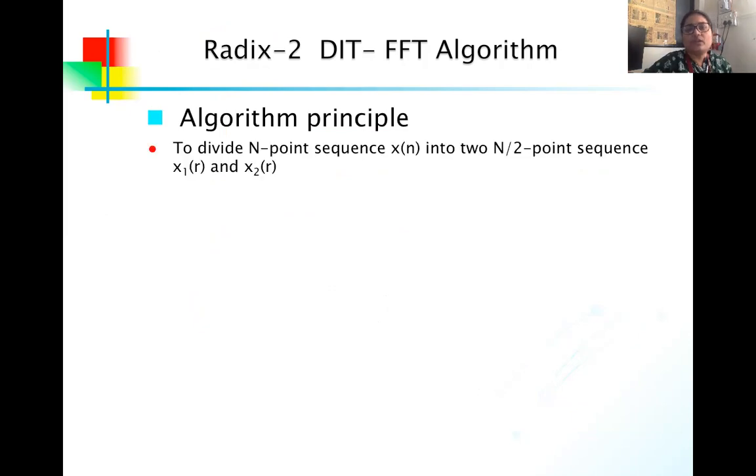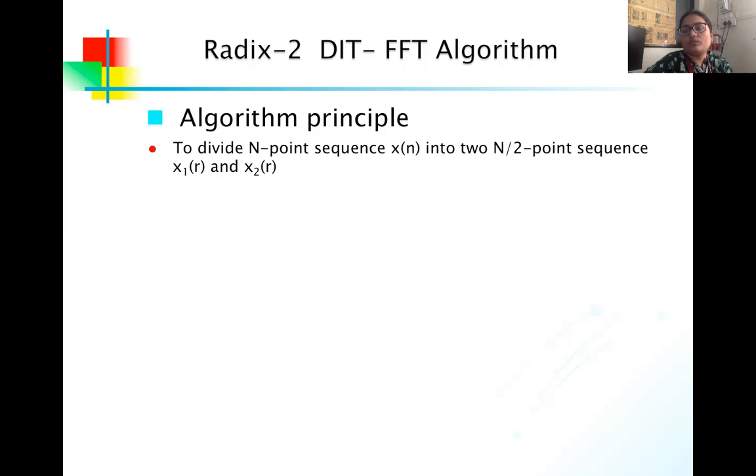So in this algorithm, the objective is to divide the N point sequence x of n into N by 2 point sequences, N by 2 being half. In this way we divide the sequence, and the first sequence and second sequence are denoted as x1 of r and x2 of r.